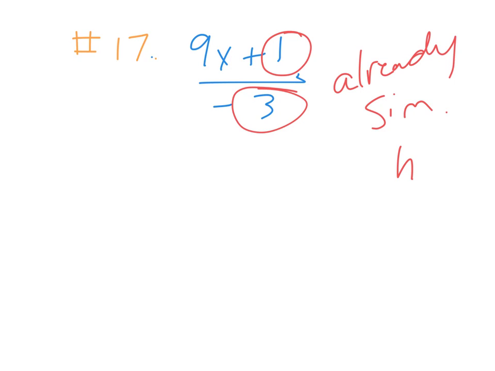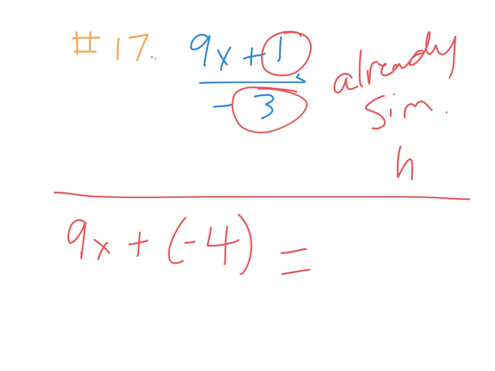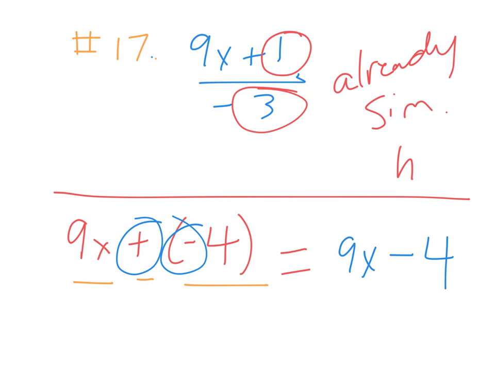I also want to talk about, let's say that you end up, if you were working through a problem, with something like 9x plus negative 4. Well, that isn't completely simplified at this point because we still have 2 signs going on. So to solve that, you would have 9x minus 4. So you have to go all the way. You can't leave this kind of stuff as your answer.